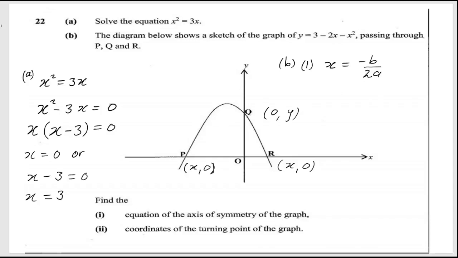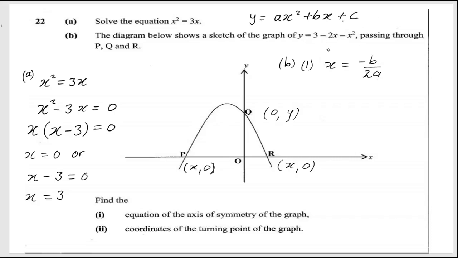Now, we know that the standard quadratic equation is given by y is equal to ax squared plus bx plus c. The coefficient of the highest power is a, the coefficient of the second power is b, and the constant is c. So it's just a matter of recognizing those things from this equation and then replacing them here.